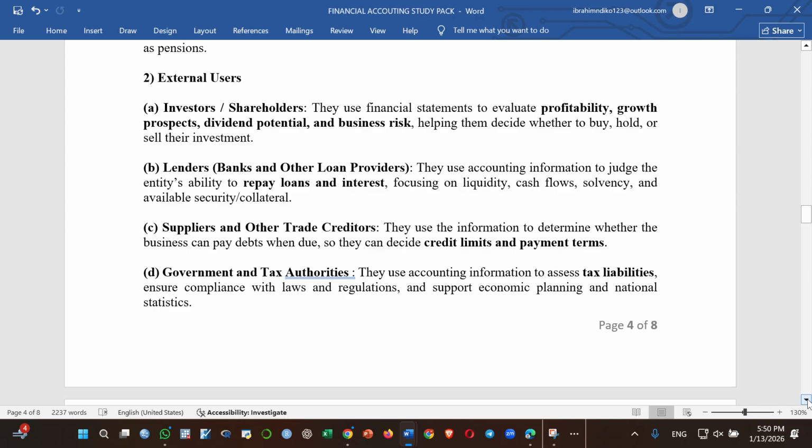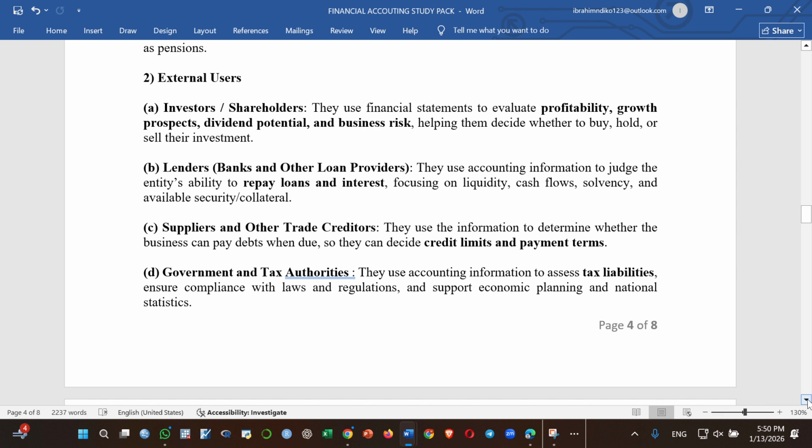For taking loans. So before a company secures a loan from a bank, they need to do what? To attach a security or a collateral. That collateral can be an asset. So the lenders will want to know if this company has enough assets with them.